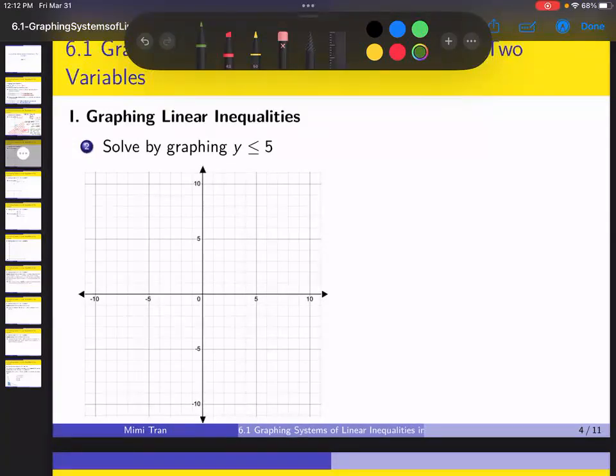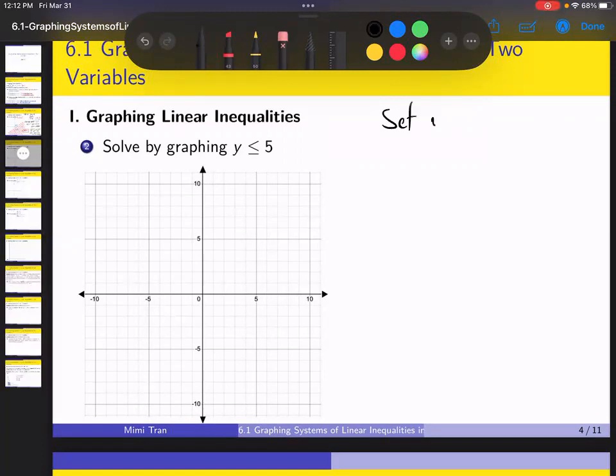Anyone get the solution yet? What's your first step? Yeah, set equal to 5, right? You write it out, you get partial credit just to show me your step.